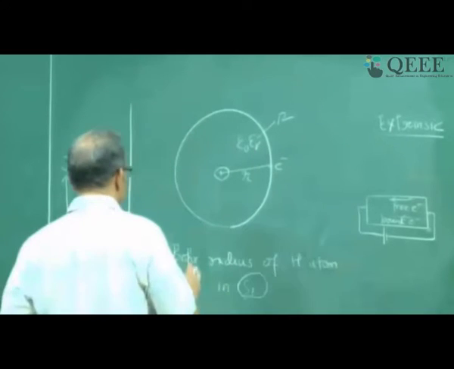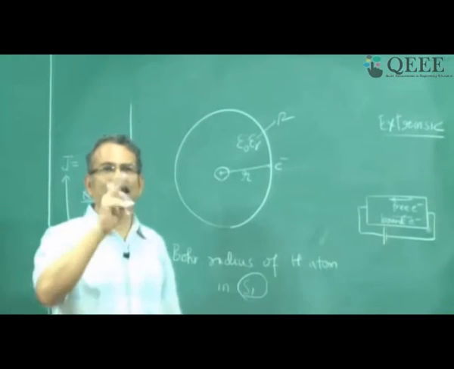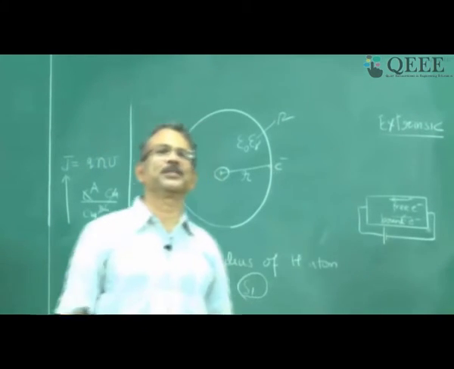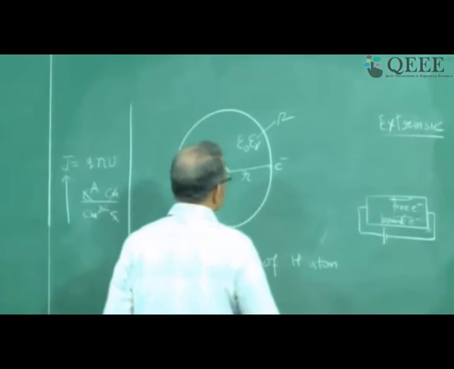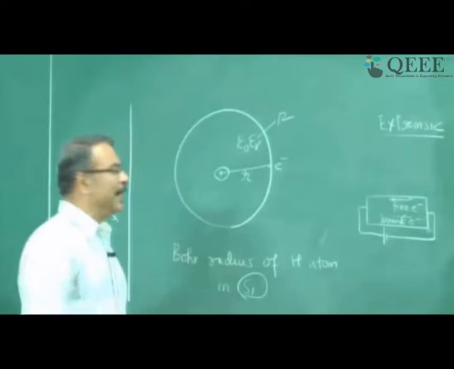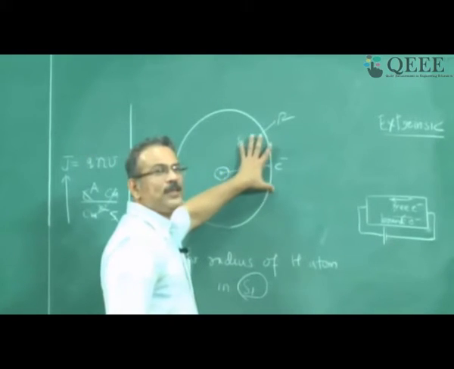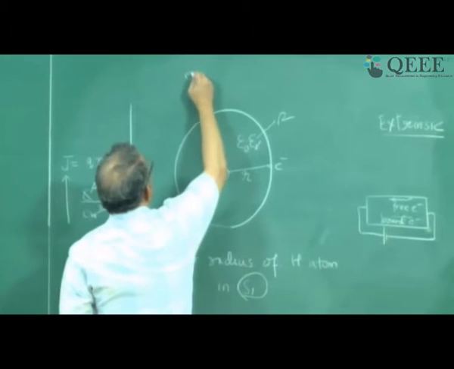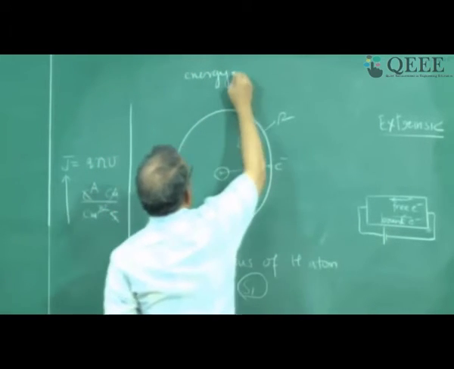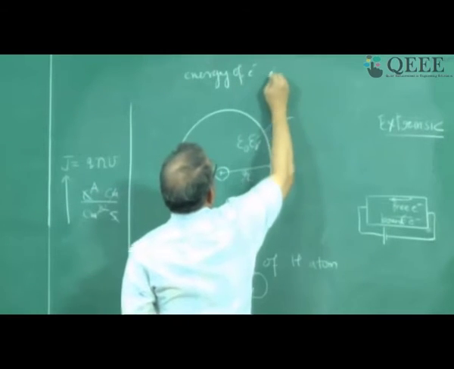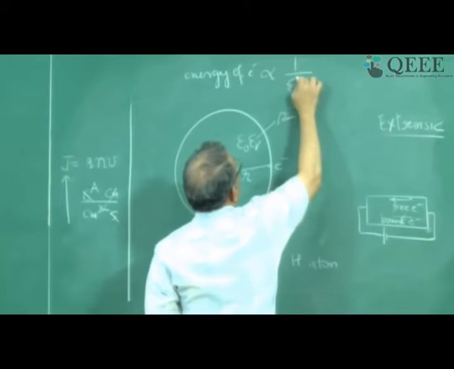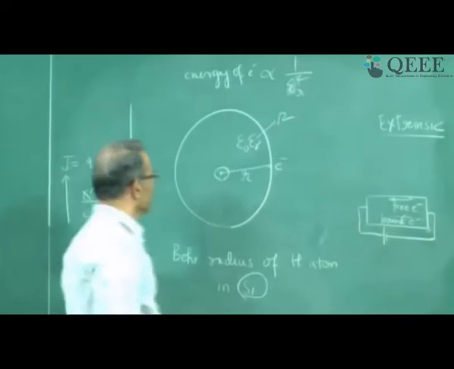Now if you take the formula for the Bohr radius, which I have given you as an assignment, look on the internet, you would have done it in your chemistry. You will find that the energy of the electron is inversely proportional to epsilon r square.